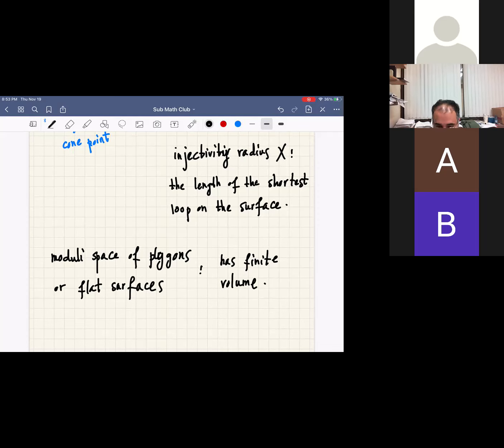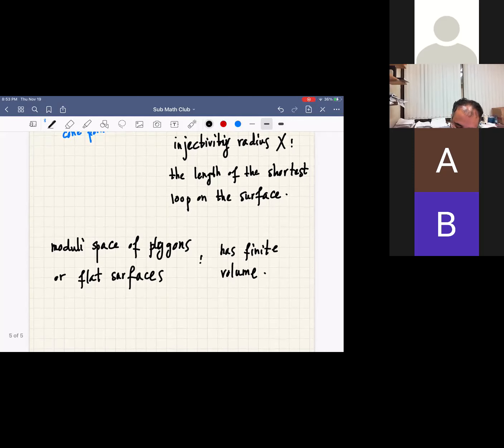So let's just keep it that way. And then the volume is just going to be the volume which we see there. So that's the way of assigning the volume. And the interesting part is that this space has a finite volume, with the volume defined in this way.